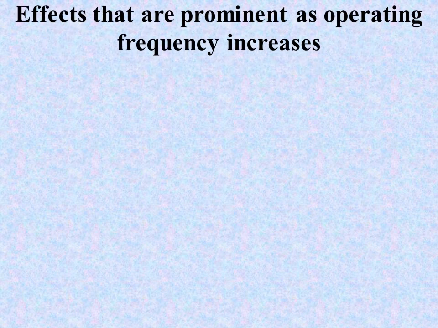Now first of all we will discuss the effects that are prominent as the operating frequency increases. So what we are doing is changing the operating frequency of the operational amplifier slowly, and slowly we are increasing it. So what happens inside the operational amplifier?